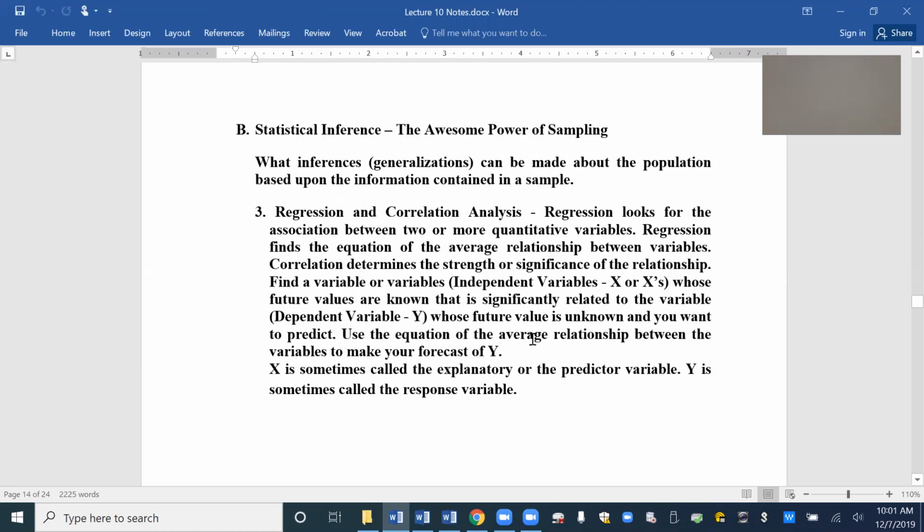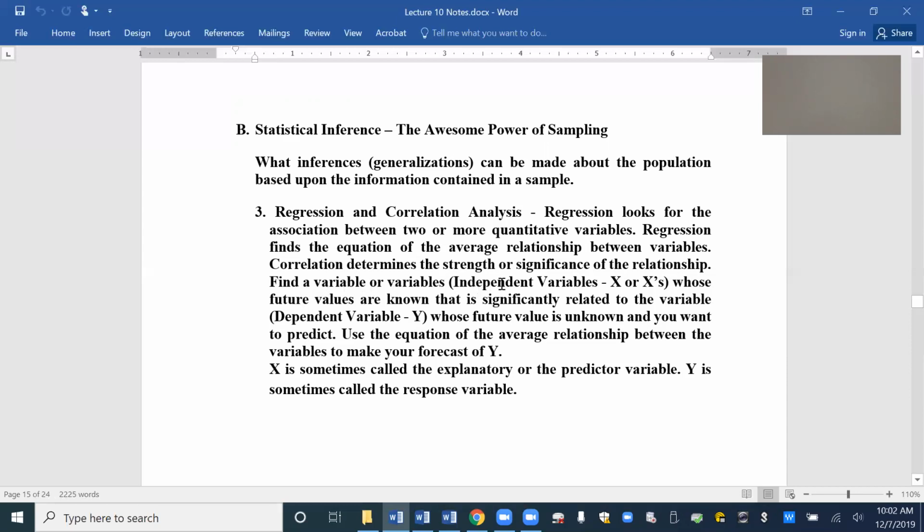All righty, we'll do one more example of that. Regression looks at the association between two or more, usually quantitative, variables. It finds the equation of the average relationship between variables. Correlation determines the strength or significance of that relationship.